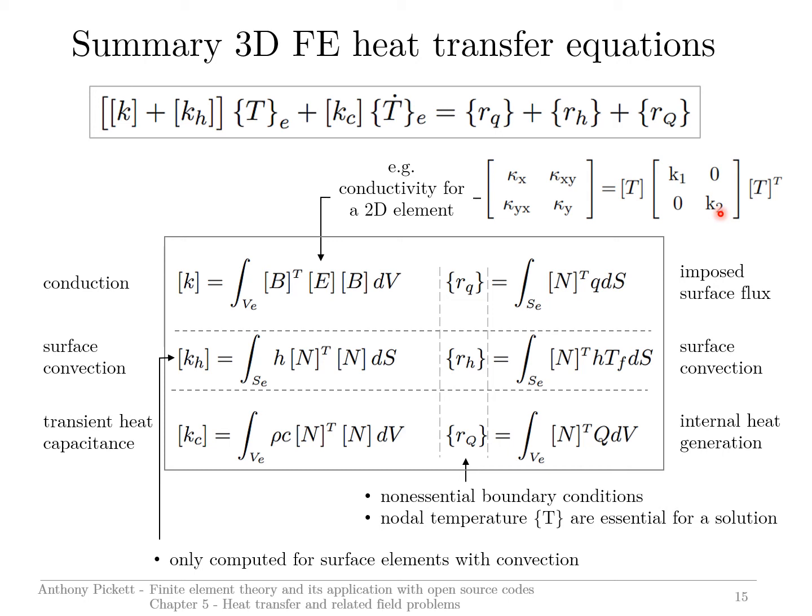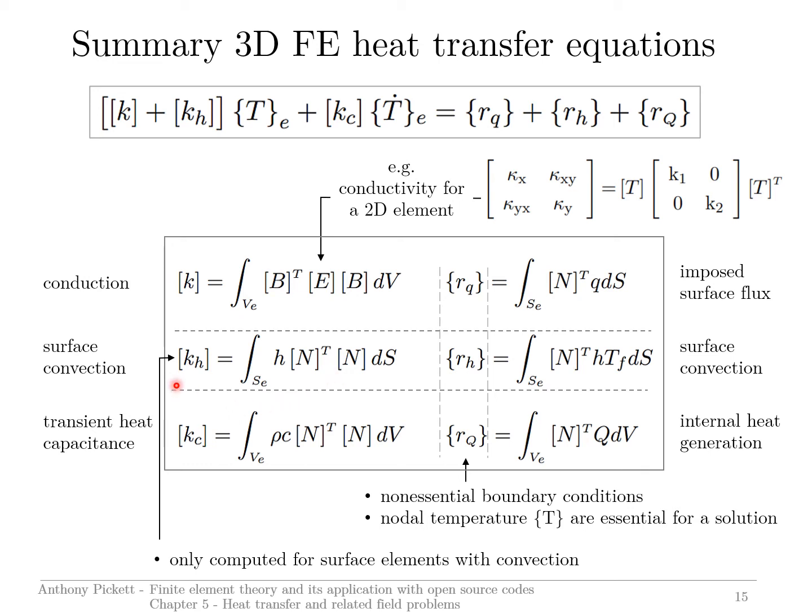If these principal conductivities lie in some frame that's oblique to the Cartesian frame, then you will have to do a transformation of this to get the values of conductivity in the Cartesian frame, and this is what would have to be used here because these B matrices are formulated in the Cartesian frame. Anyway, this is the element conductivity matrix.